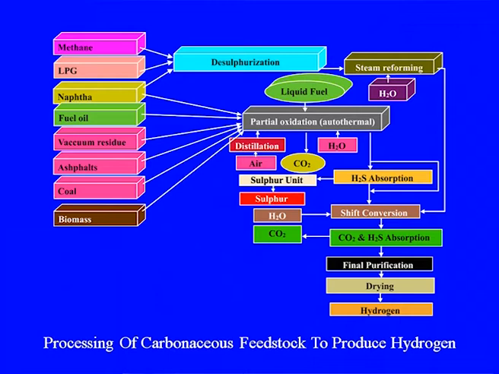These are the processes I was telling about. The various raw materials, for synthesis gas or the methanol, may be methane, LPG, naphtha, fuel oil, vacuum residue, and then the asphalt, coal, biomass. Depending upon the feedstock, we can go either for steam reforming or partial oxidation.